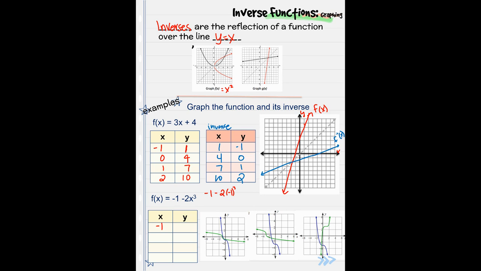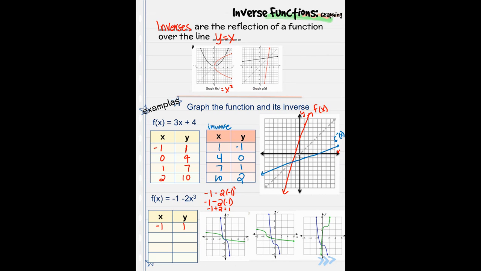So that's -1. So we got -1 minus 2 times -1. Since we have the -2 times the -1, that turns into +2. So then we really have -1 plus 2 equals a positive 1.